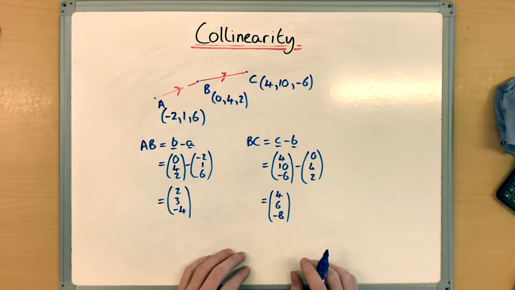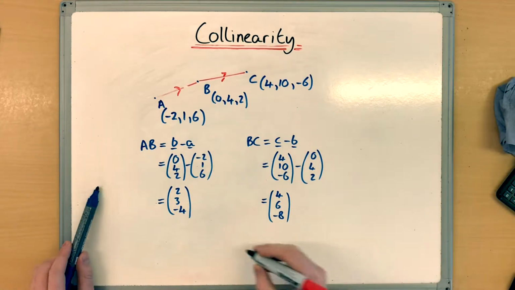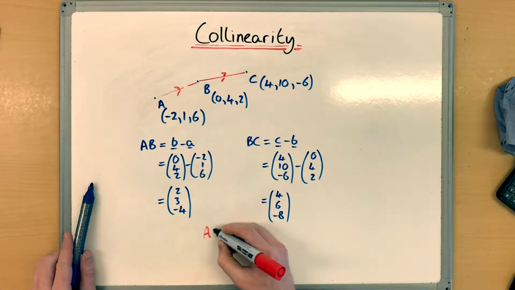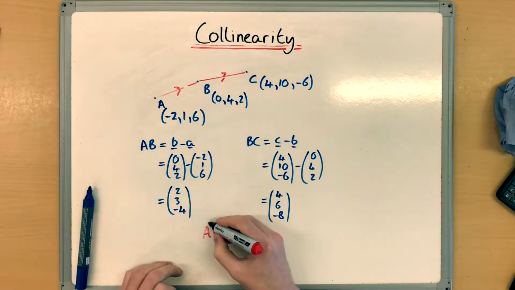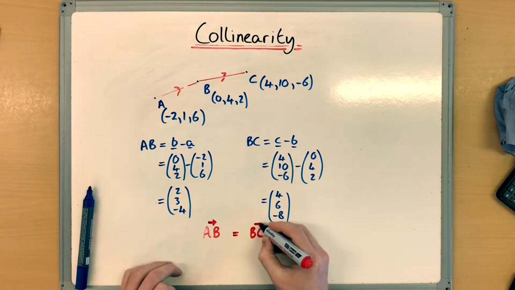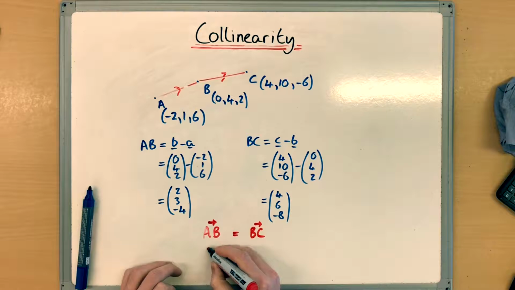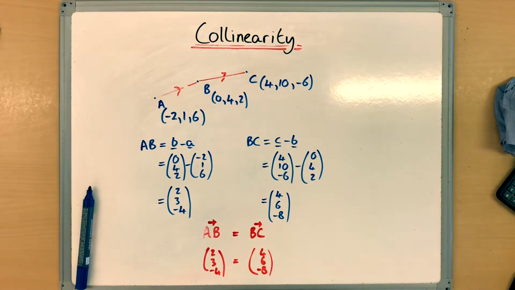multiple of the other. So what I tend to like to do is I like to write down vector AB is equal to vector BC. Now that's clearly not quite true here, but I like it as a starting point. So what I've then said to myself is, can I make this true by putting some number in front of one of these?